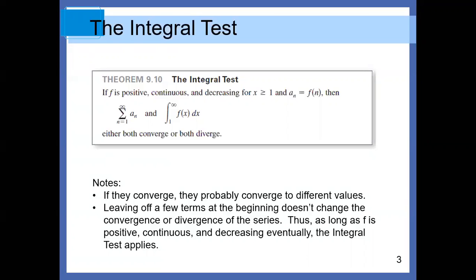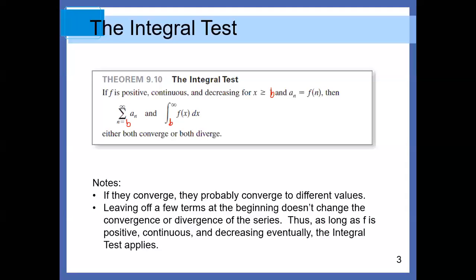Okay? If you find yourself in this situation where the function is positive and decreasing and continuous, and it basically has values equal to the terms, like on the positive integers, then the series and the integral behave exactly the same. And by the way, do you think it's very important that everything start at 1? Nah. I mean, look, this could be x greater than or equal to some number b, and this could be n equal to b, and this could be the integral from b to infinity.